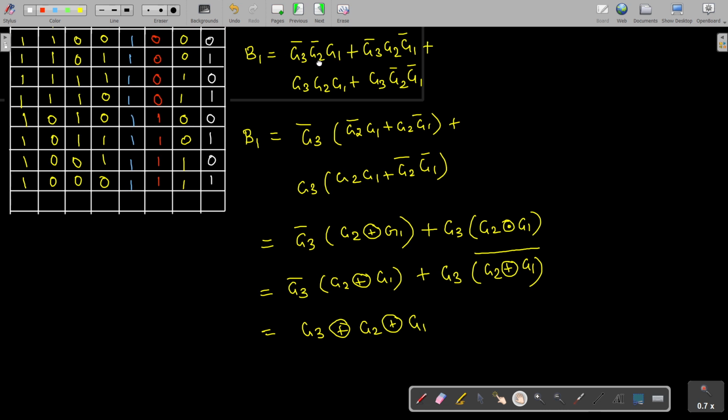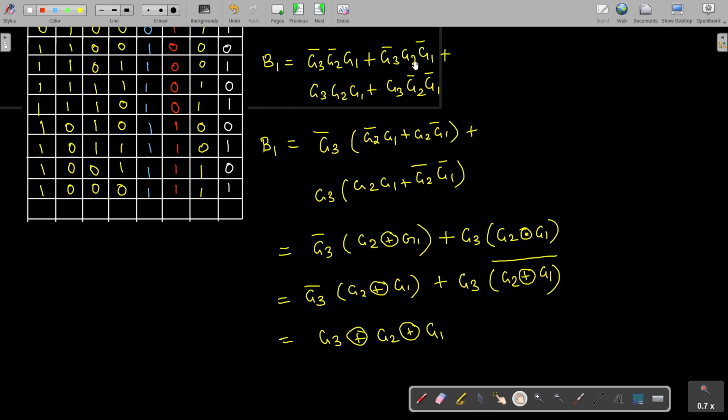Remaining here we have G2 bar G1 and G2 G1 bar. Plus here G3 is common in the third and the fourth term, so you take it outside. Inside this we have G2 G1 plus G2 bar G1 bar. So here it is G3.